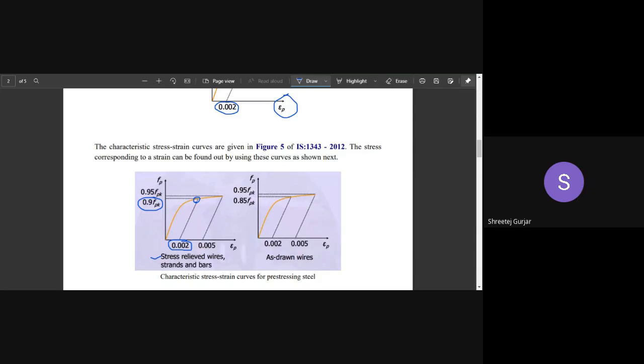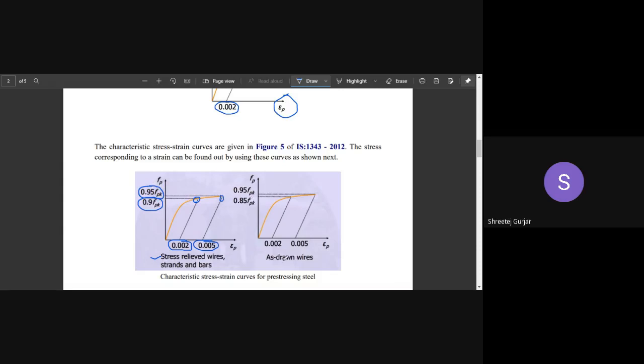You can see at 0.2% of your strain value, the stress value which you get is 90% of your fpk value. Okay, and the maximum strain value which you consider usually is 0.005. Corresponding to this value, the stress value is going to 95% of your fpk value.